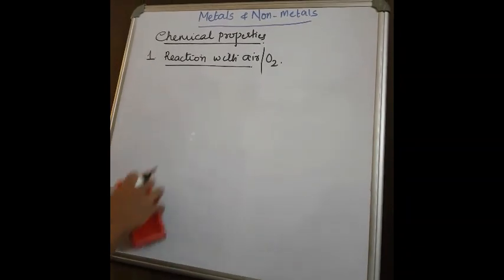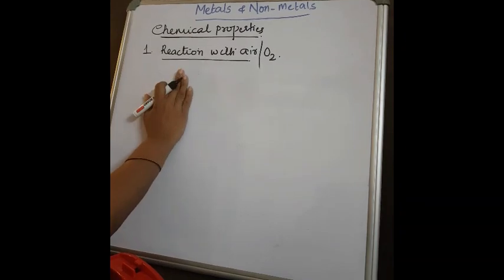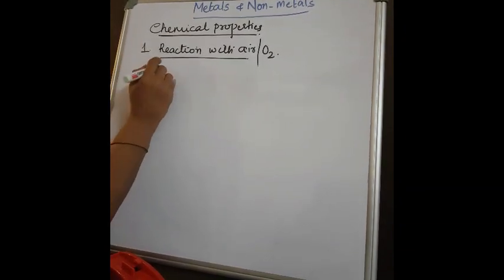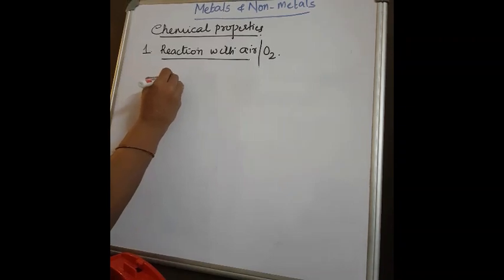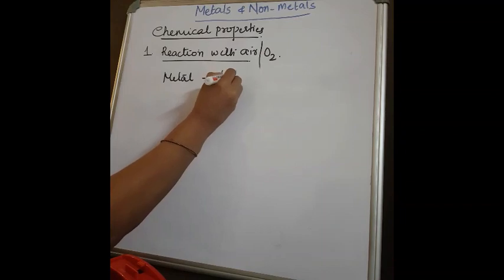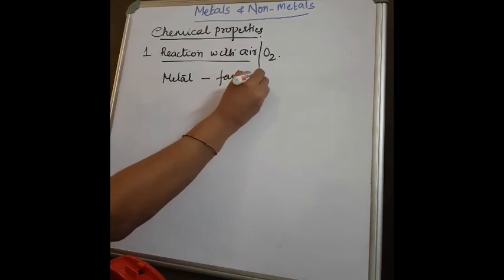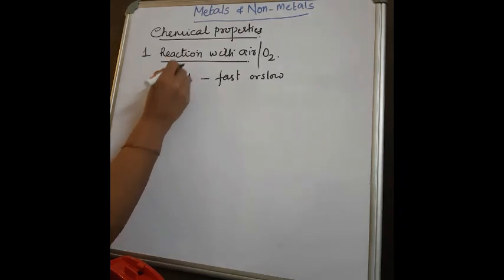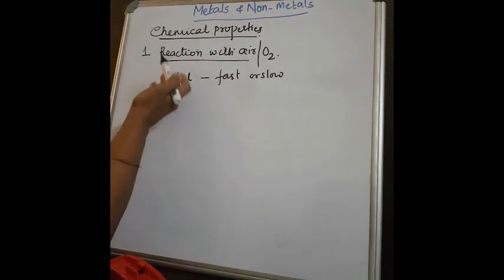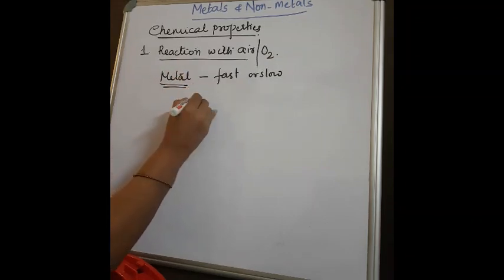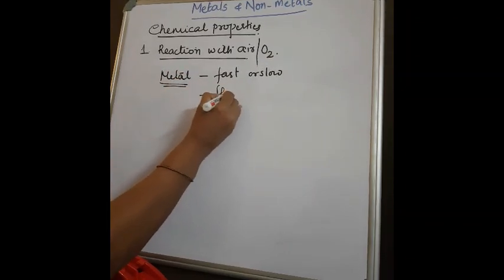When I talked about the reaction with air or oxygen, we have to keep some points in mind. Whether a metal readily reacts with the air, that is oxygen, and whether the reaction is fast or slow. When we burn a metal, that is a reaction with oxygen, correct? You can have a flame there.